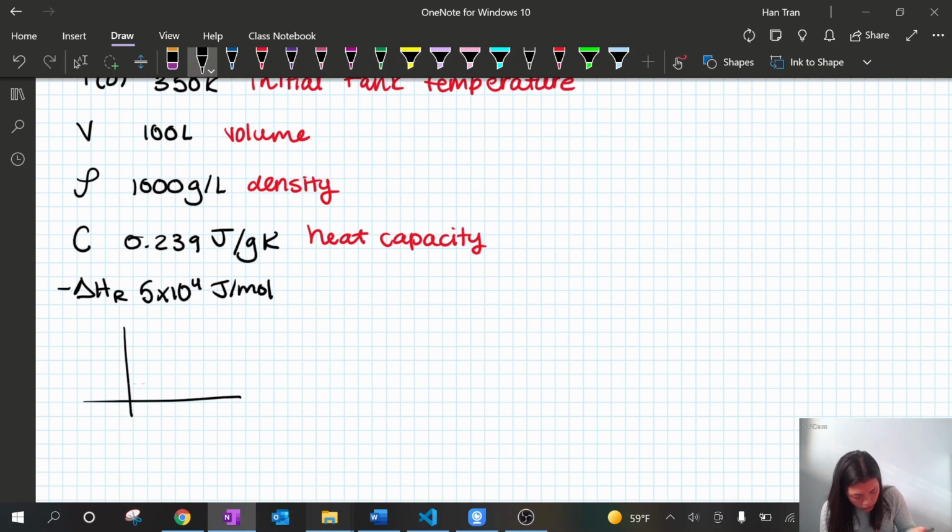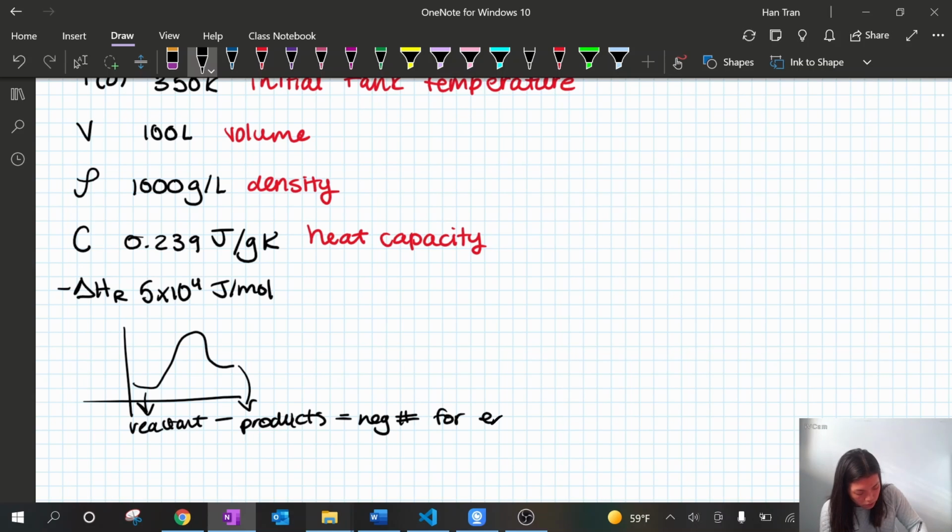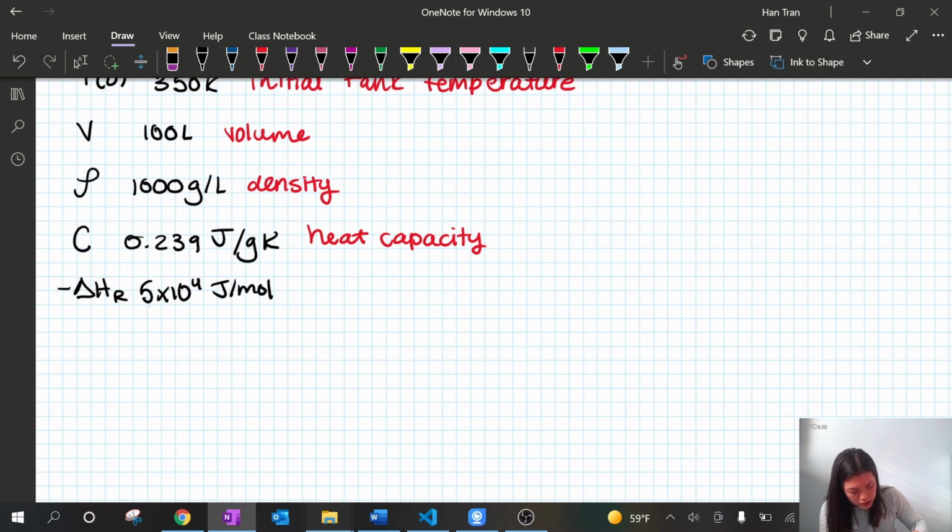So if we were to remember the way that reactions occur, it is reactants minus products. And so that would give us a negative number for exothermic reactions. But since it is the negative delta HR, we'll have a negative of a negative, that's going to give us a positive value, which is what we have here for the 5 times 10 to the 4th. So that checks out. So that is our enthalpy parameter.